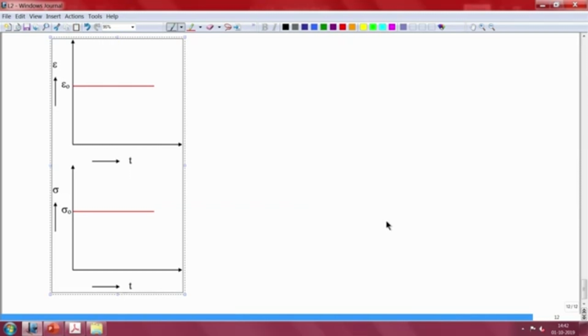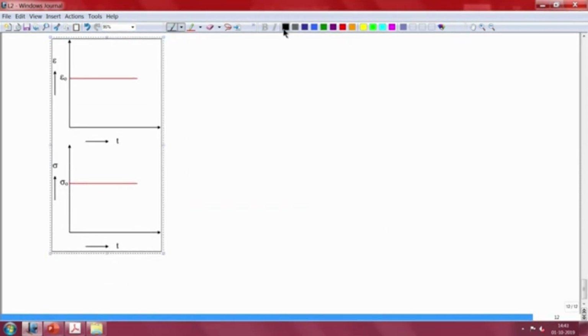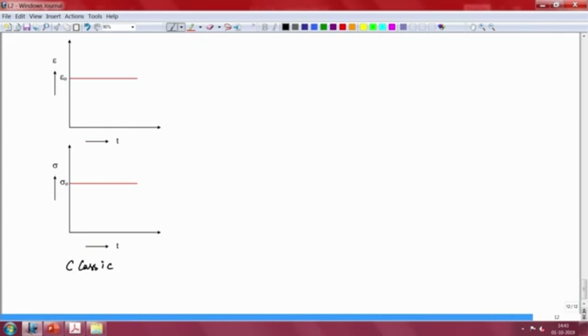This is your classical elastic response, where you had applied a known amount of strain and you had gotten a known amount of stress.